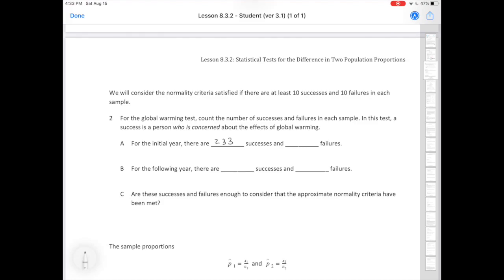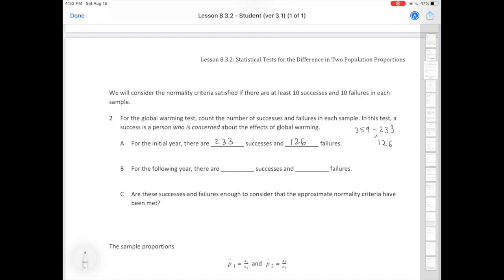Now don't put 359 over there. We're going to just do 359 minus 233, right? Because all the ones that weren't successes have to be failures, right? So what would that be? That would be 126. So that means that if there were 233 successes, then there's 126 failures.